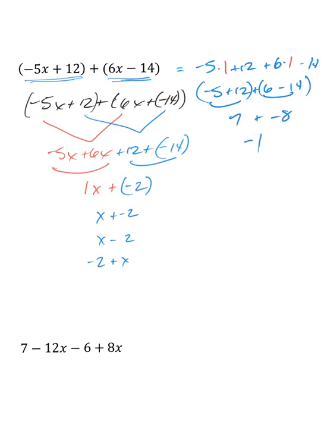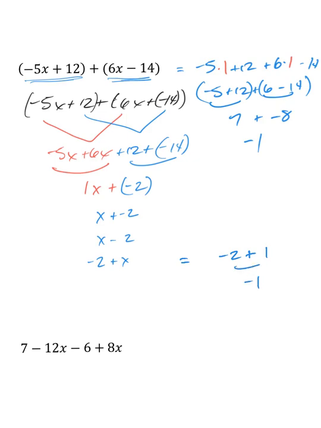I evaluated the first expression with a value of x, and I chose 1. Then I look at the expression down here, where my answer was negative 2 plus x, and x is equal to 1. Negative 2 plus 1 equals negative 1.